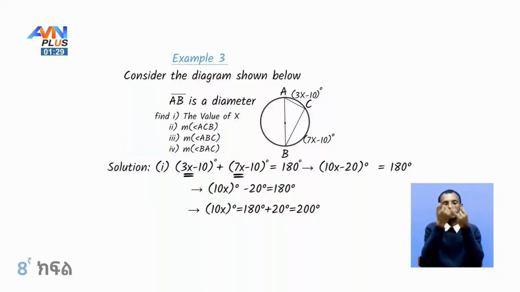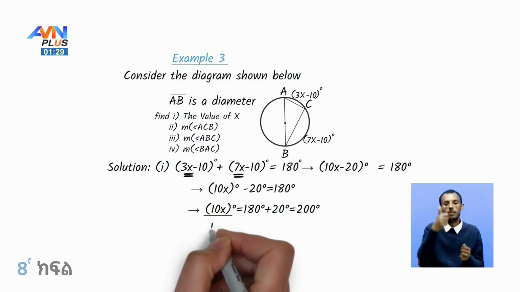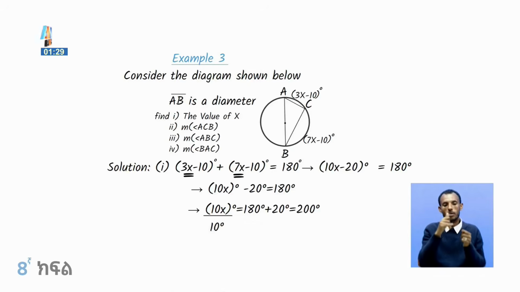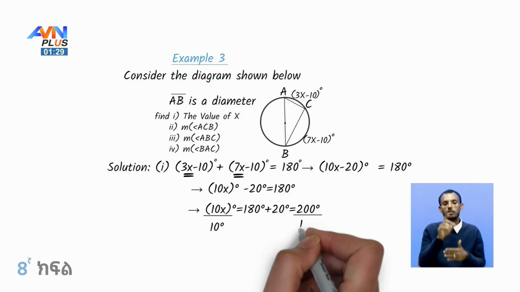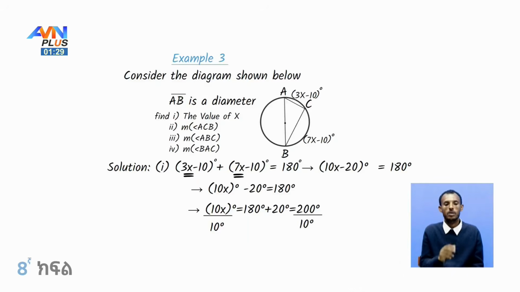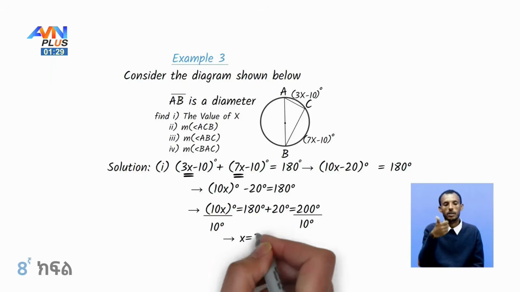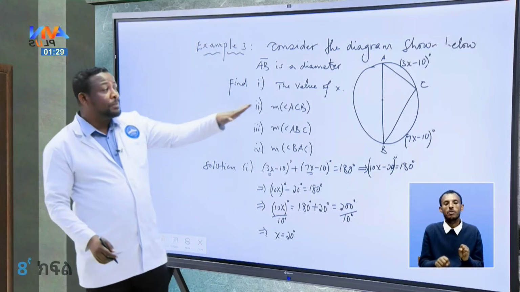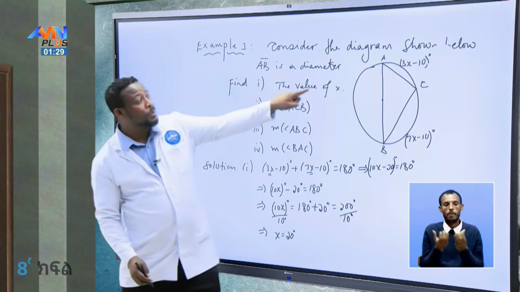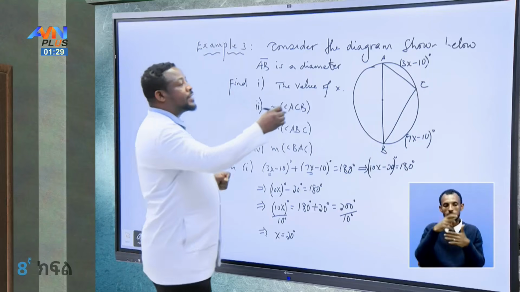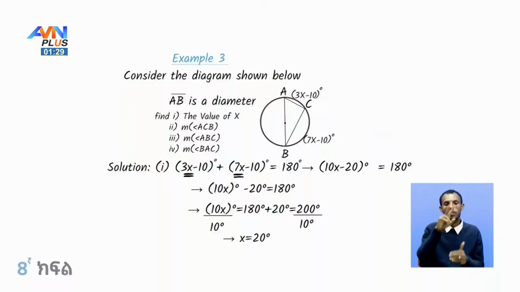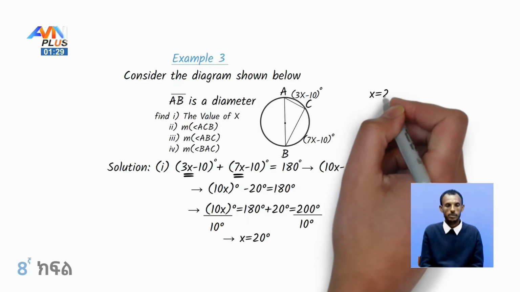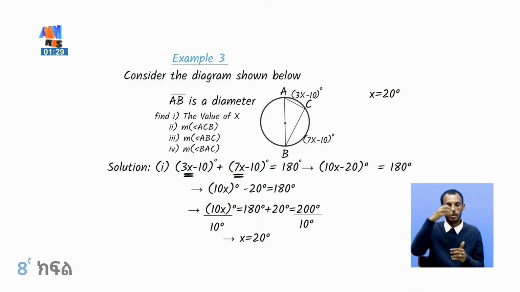Dividing both sides by 10, the value of x becomes 200 over 10, which is 20 degrees. So for the first part, x is equal to 20 degrees. This is the x value.